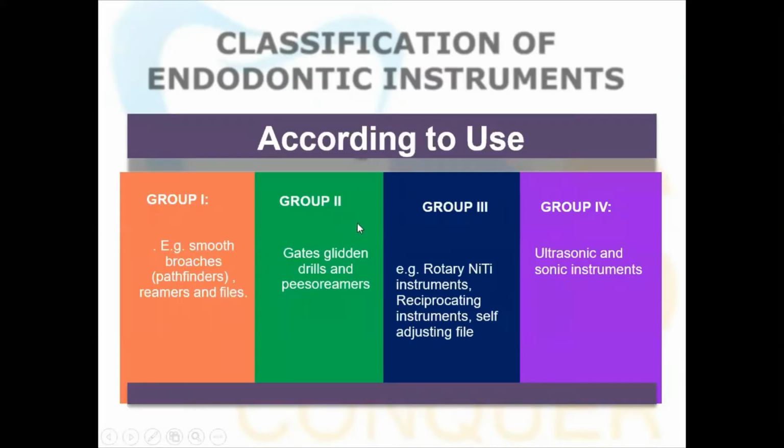Group 2 includes the engine-driven instruments with the latch type of attachments, such as Gates Glidden drills and piezo reamers. Group 3 are the engine-driven instruments that include rotary NiTi instruments, reciprocating instruments, and self-adjusting file. And Group 4 of this classification includes ultrasonic and sonic instruments.